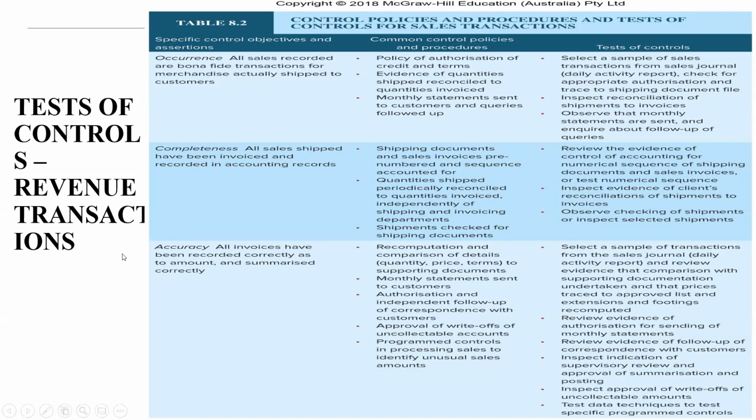So if we focus on the accuracy assertion for the test controls in sales, remember what is the next step? We want to look at the proper key controls for accuracy. Is that right? So what are the key controls for accuracy?